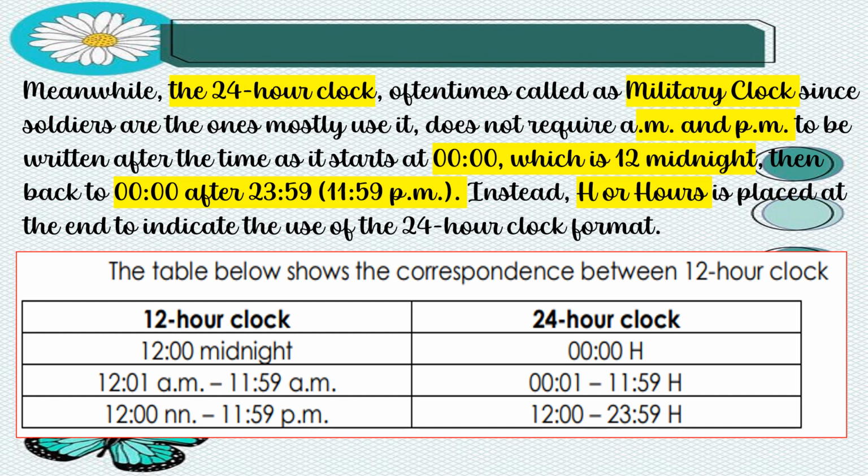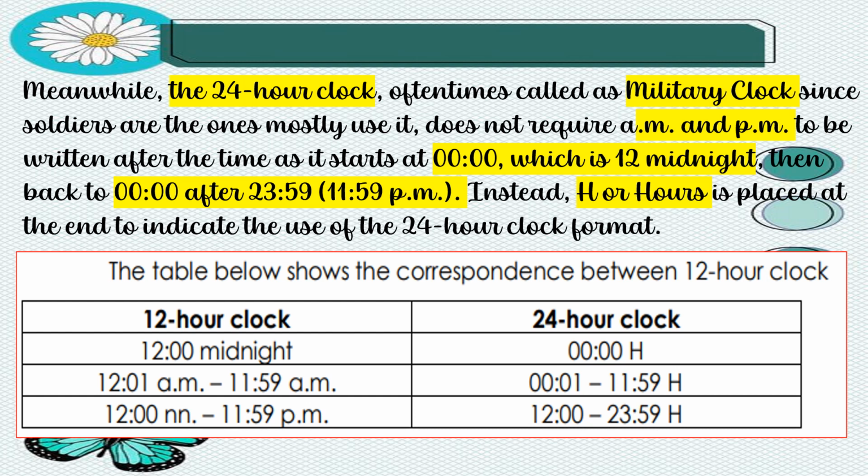So the table below shows the correspondence between the 12-hour clock and the 24-hour clock. A sample is 12 midnight. If you are going to write it in 24-hour clock, that is 0000 hours. And then we have also 12:01 a.m. to 11:59 a.m., so that is morning.